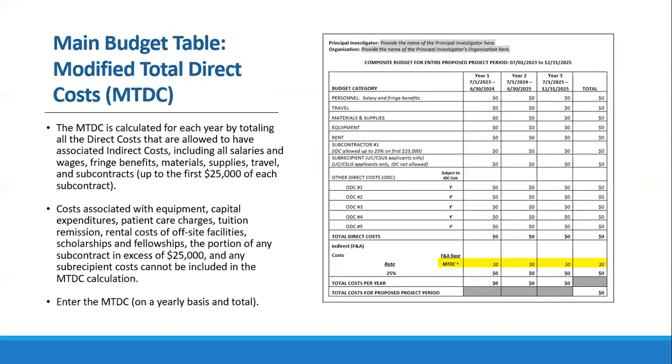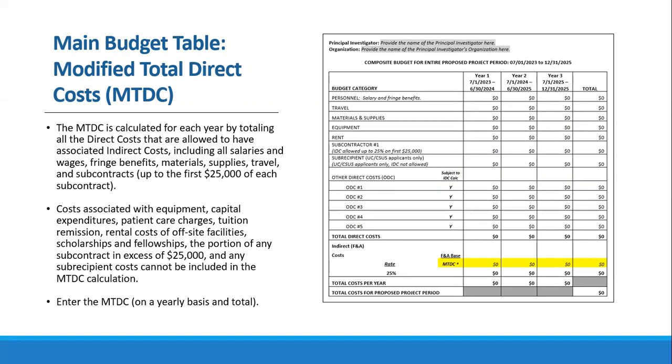All right, now we're going to talk about calculating modified total direct cost and indirects. So modified total direct cost is calculated each year by totaling all the direct costs that are allowed to have indirect costs calculated on them. Things like salaries and wages, fringe benefits, materials, supplies, travel, subcontracts, notably not subrecipients. And for subcontracts, it's only the first $25,000 of cost incurred by each subcontract.